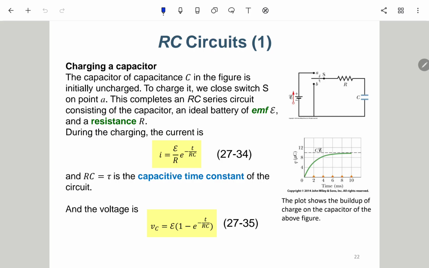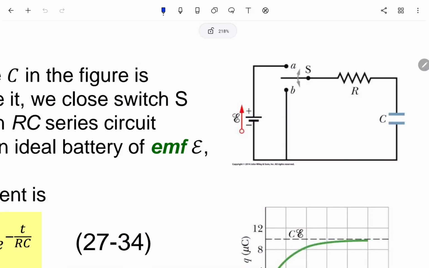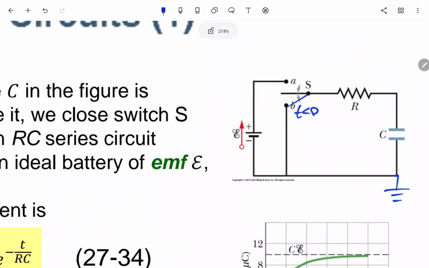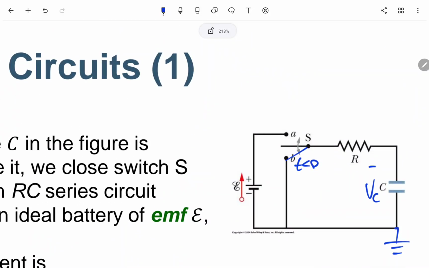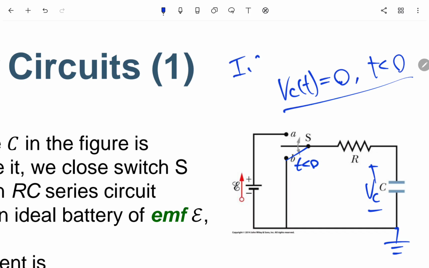Here we have a resistor and capacitor in series, and at the beginning, for t smaller than 0, the switch is connected to the ground, which means we have an initial condition: VC(t) should equal 0 when t is smaller than 0.